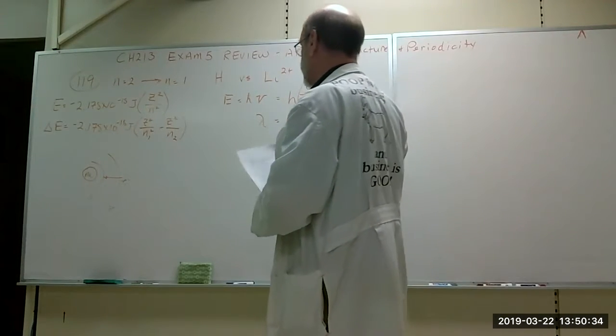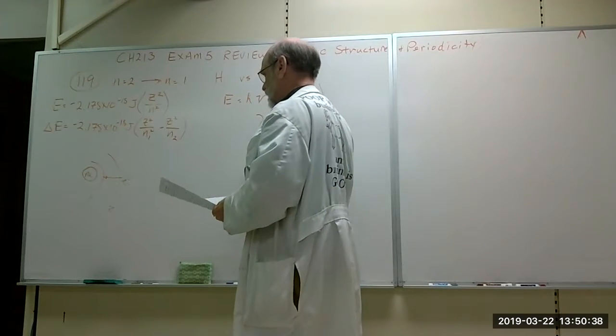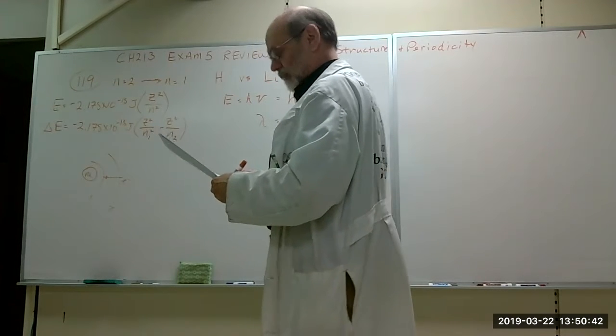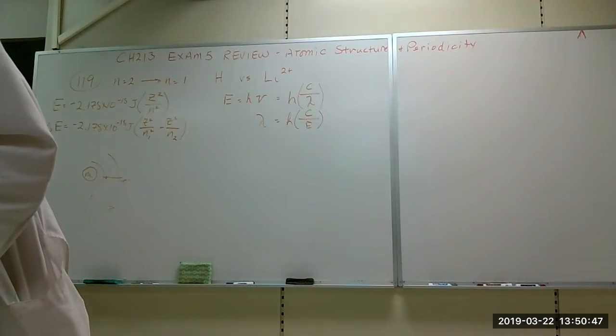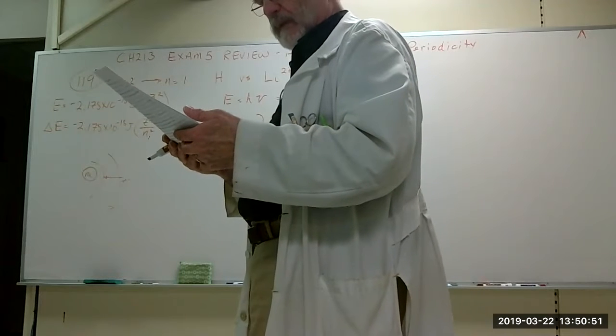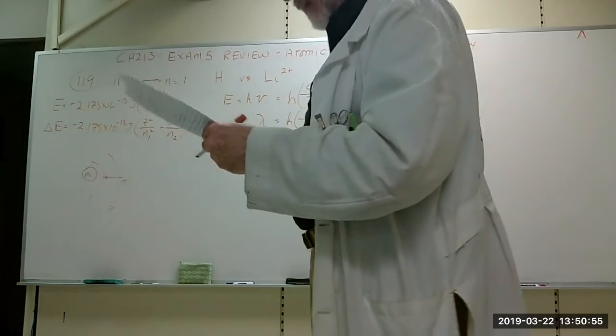Right. So we're given the wavelength for the hydrogen transition. But we need to find out what the wavelength is for the lithium ion transition. I don't know why I put that calculation in there.